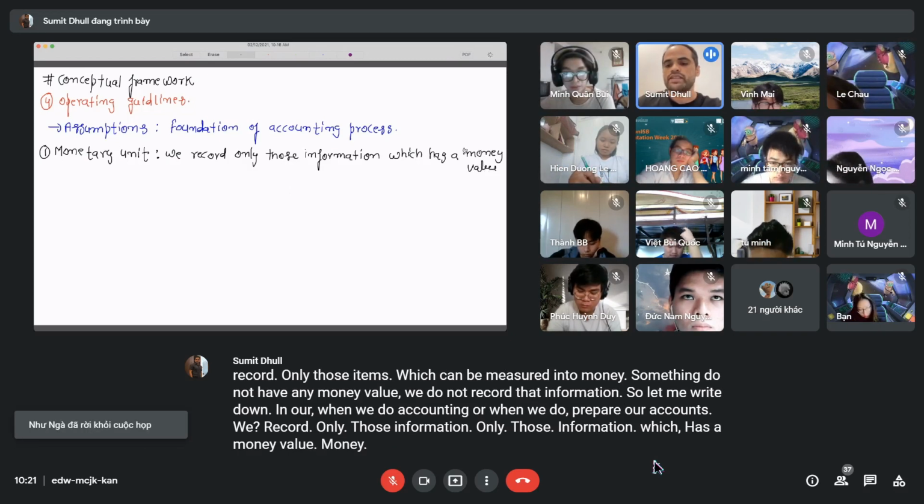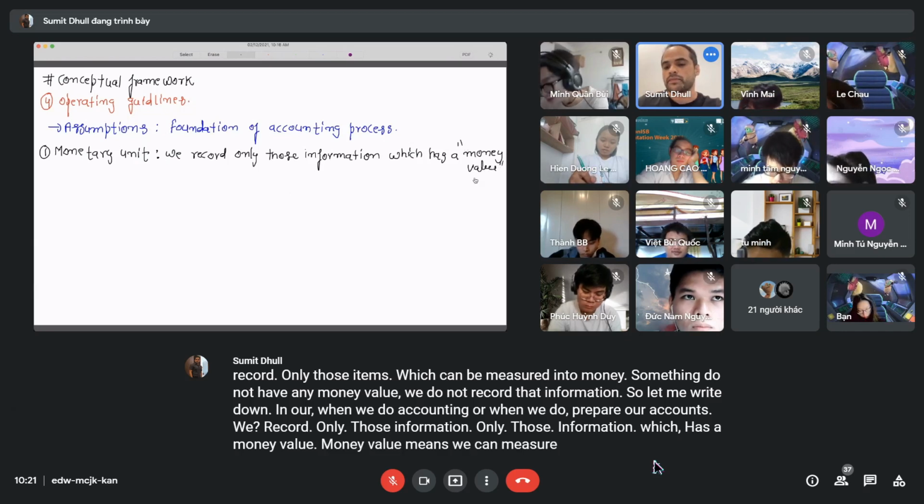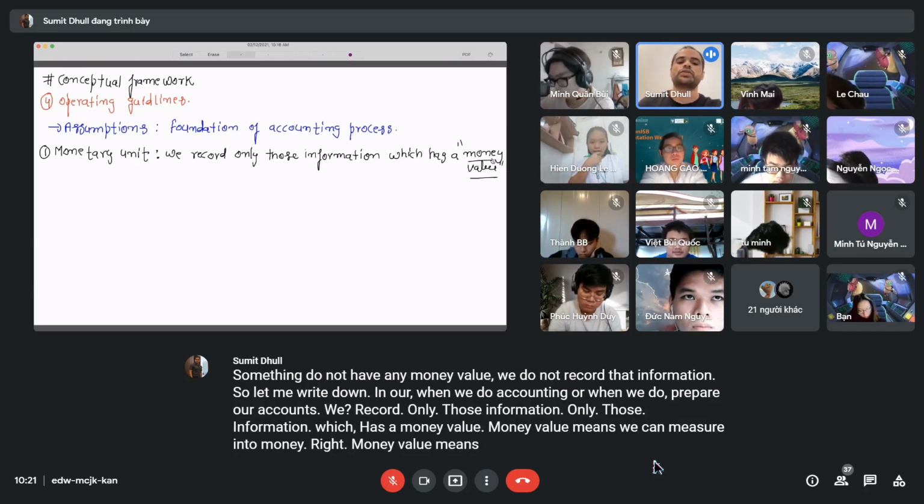Money value means we can measure it in money. All right, money value means we can measure it in money.